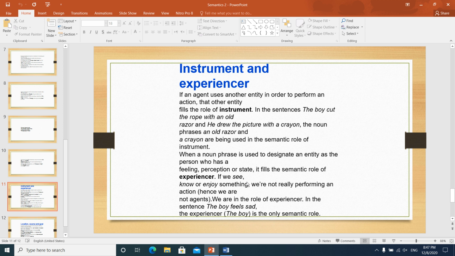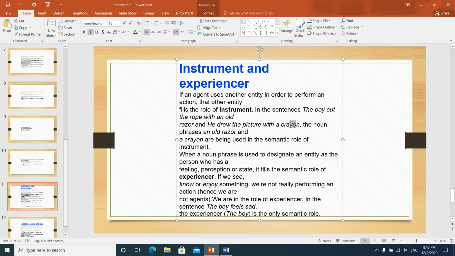Instrument and experiencer. These are two other semantic roles. If an agent uses another entity in order to perform an action, the other entity fills the role of instrument. The sentence: the boy cut the rope with an old razor. You know razor, a shaving machine or a blade. And he drew the picture with a crayon.